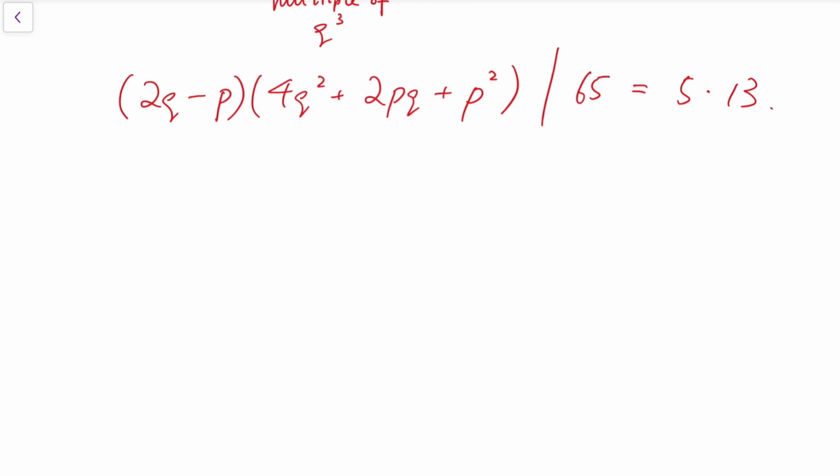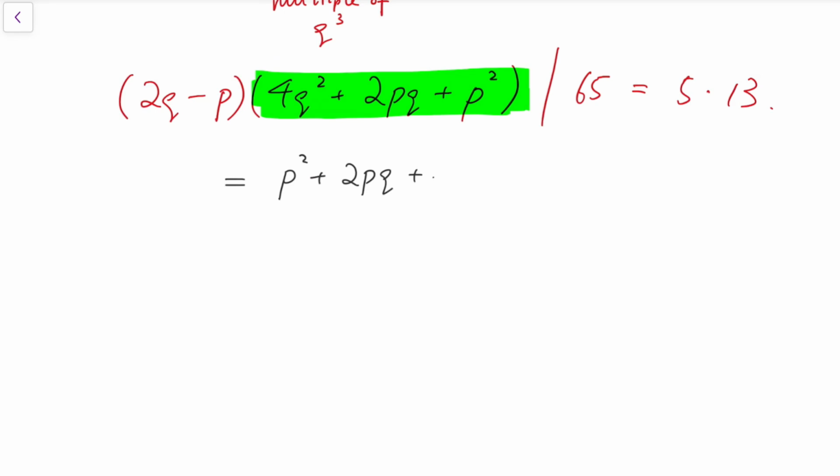Notice that the quadratic part of the product can be written as p squared plus 2pq plus q squared plus 3q squared, which is (p plus q) squared plus 3q squared.